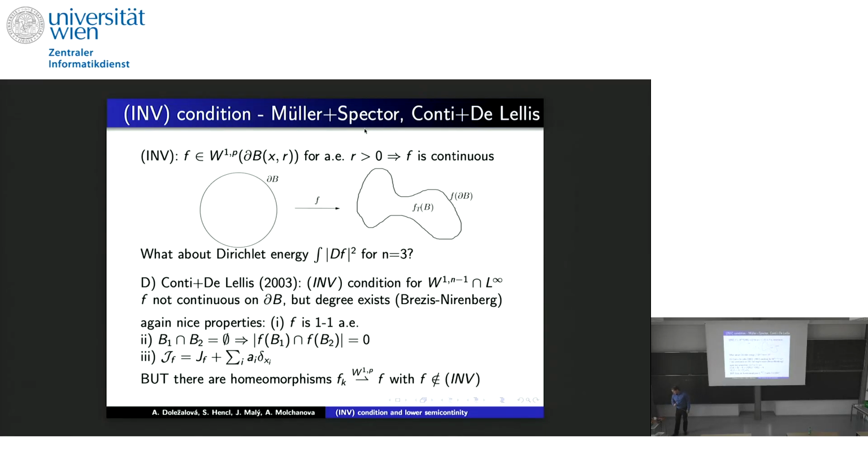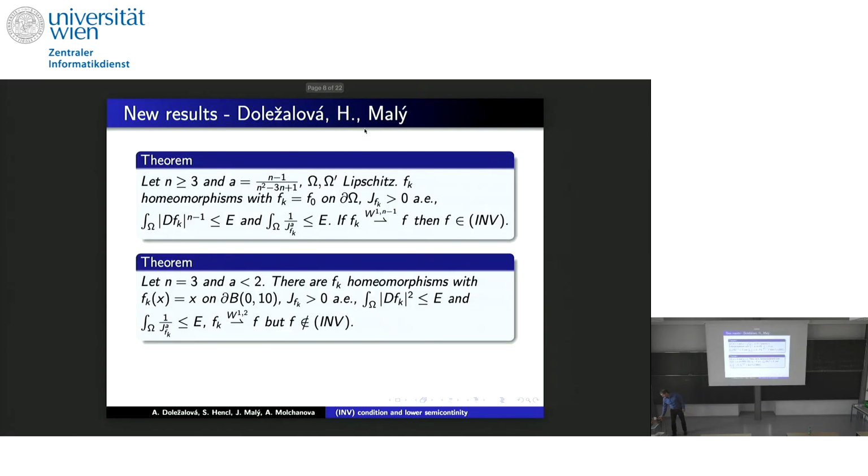Okay, so how to fix this unfortunate thing? And here's one thing: add to the energy some 1/Jacobian to some power and everything is fine. Okay, try to use the usual Neo-Hookean energy. So we are in dimension at least 3, a is some number. We have some domains, we have homeomorphisms that are equal to a given homeomorphism on the boundary. So we fix the boundary values.